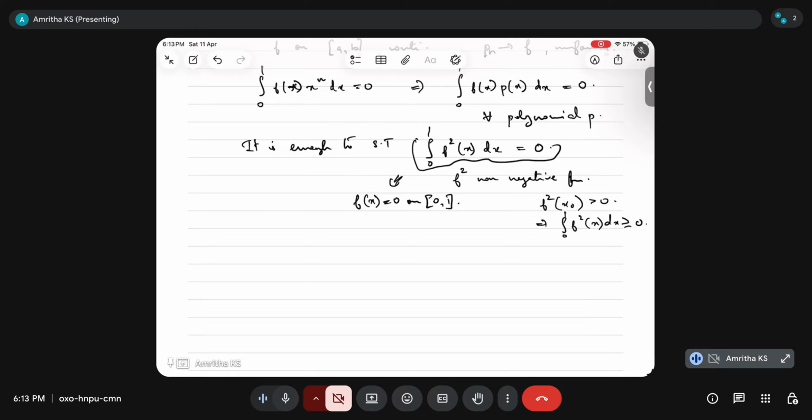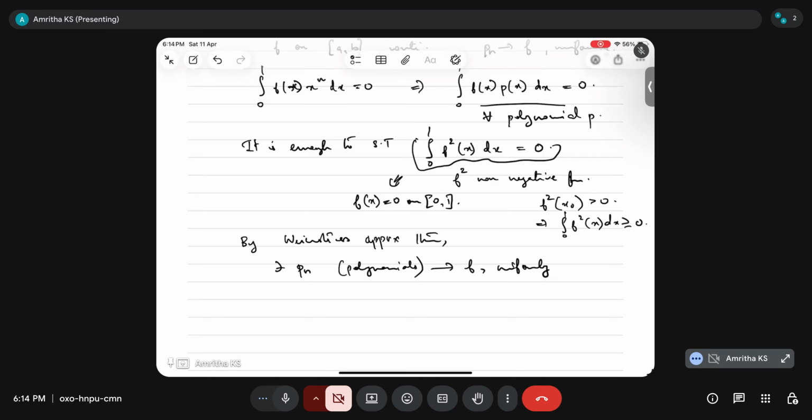But here we only know about this integral, and the Weierstrass approximation theorem comes to our help. So by the Weierstrass approximation theorem, there exist some polynomials Pn that converge to f uniformly, right?